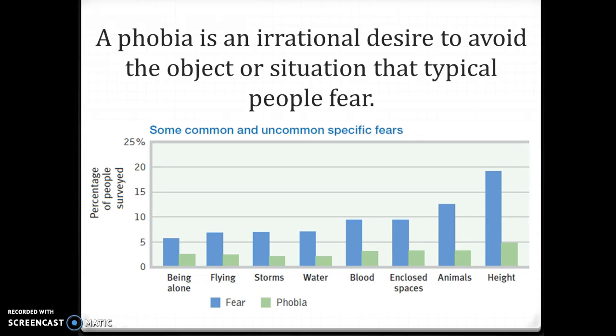Same thing with animals. A lot of people are afraid of animals, but having that specific phobia, that irrational desire to avoid some sort of animal, is where it differs between a fear and a phobia. And you can see on this chart the percentage of people surveyed. Around 20% of people have a fear of heights, while only about 5% of people have a phobia of heights.